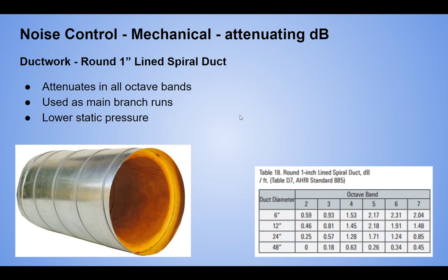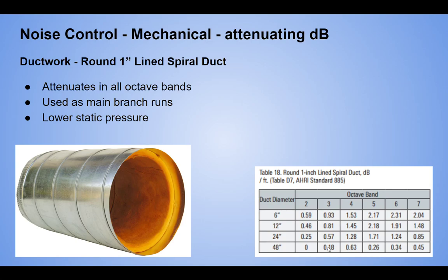Round duct attenuates all octave bands. Pretty decent, but notice these high frequencies over here, and as it gets bigger, it has less attenuation. So at a 48-inch duct, a really massive duct, you've seen these in stadiums, there's no attenuation at 125 really. There's barely any at 250.